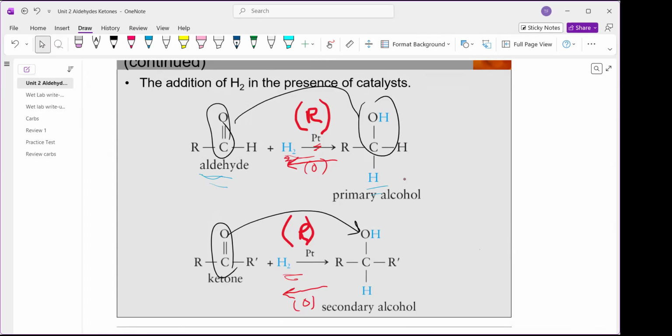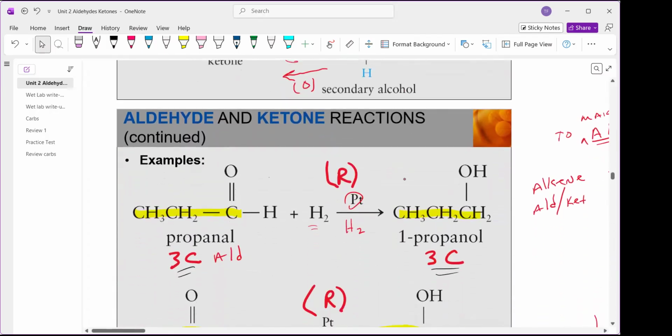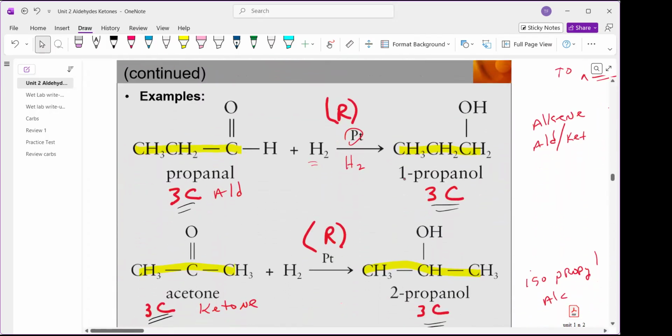So this is a two-way street. You go from a three-carbon backbone aldehyde to a three-carbon backbone alcohol in a reductive environment. Whether it be an aldehyde or a ketone, both of them can easily be reduced.